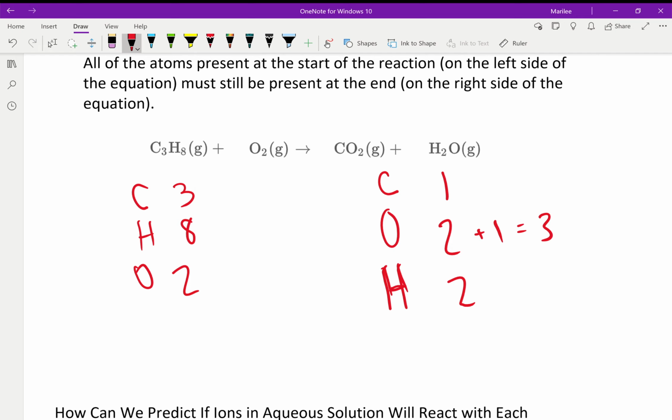I didn't do this math in advance, I'm sorry, so I'm going to do it now. If we put this trial and error, if we put 4 here, that'll give us 8 hydrogens and 4 oxygens.